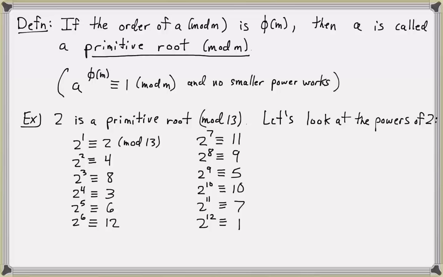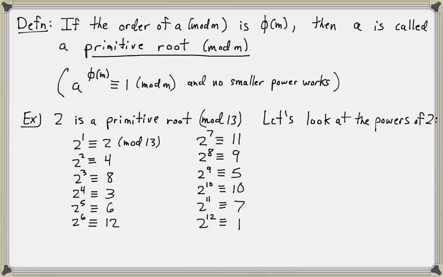But look at all the residues of the powers of 2. If you look at 2 to the power 1 through 2 to the power 12, all of the residues mod 13 are relatively prime to 13, and every single residue mod 13 shows up as a residue of a power of 2.